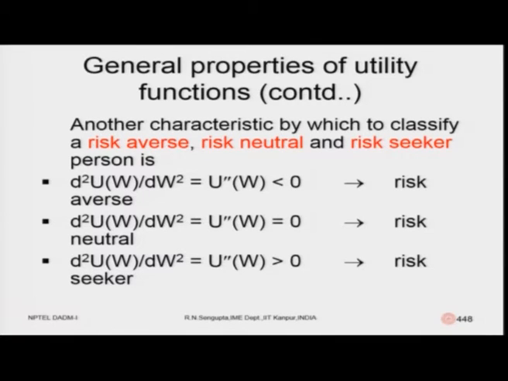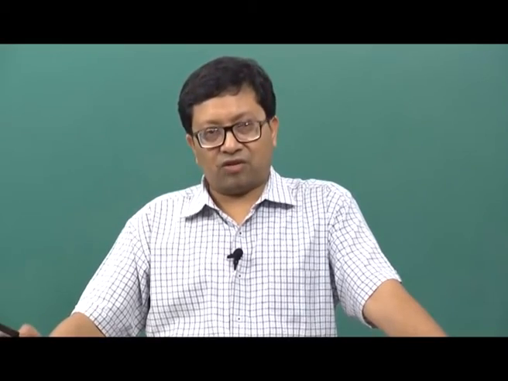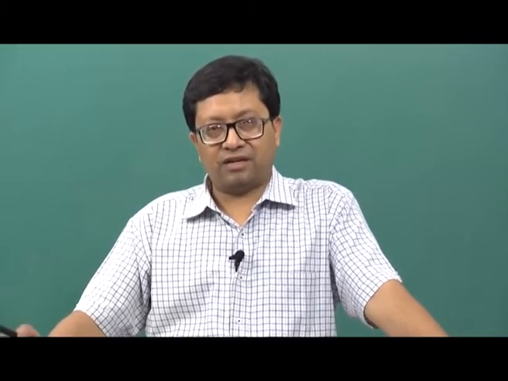But the actual property based on which you can analyze whether the person is risk averse, risk neutral or risk loving comes from the second derivative of the utility function. There can be three things from the marginal rates: the rate can be increasing at an increasing rate, increasing at a constant rate, or increasing at a decreasing rate.